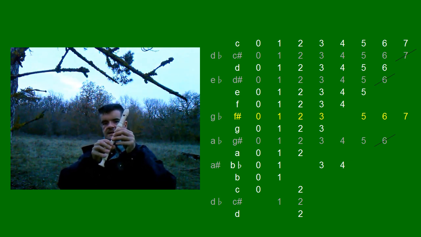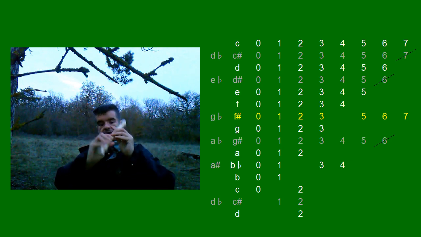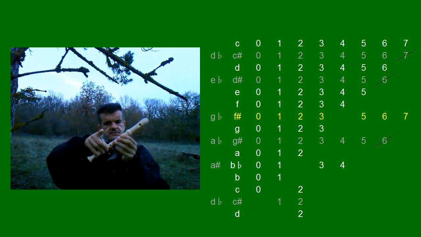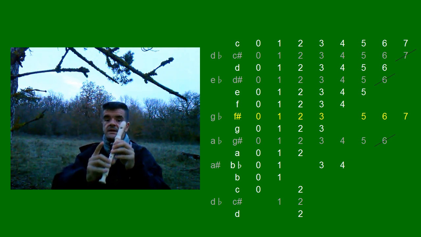It's just the same as low C, everything covered. You remember, there's one difference. You have to lift the F hole, your second finger, and then you have F sharp.